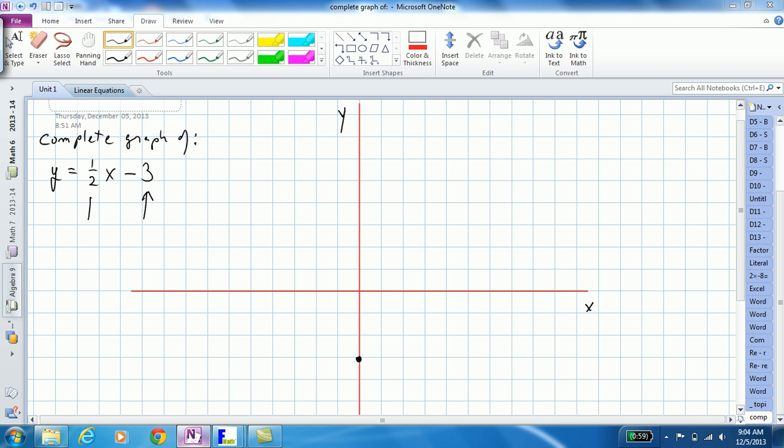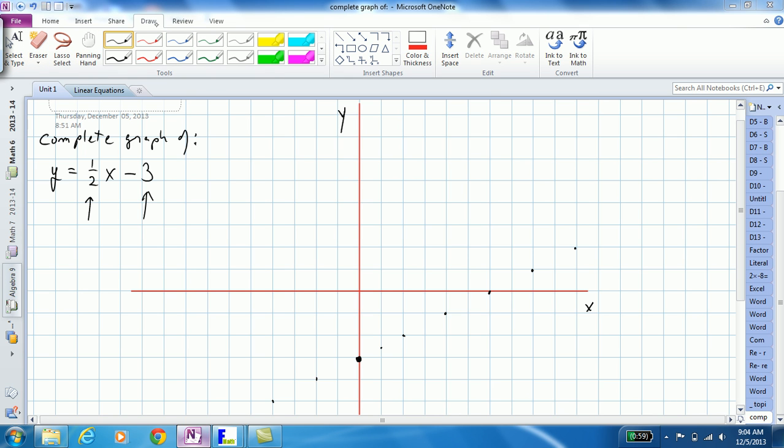And then the slope is 1/2. So if we go over 1, we go up 1/2. If we go over another 1, we go up 1/2. Or, thought another way, if we go up 1, we go over 2. What's nice about this is you can quickly move along on the slope and make a very accurate set of points for whatever part of the axis you're looking at.